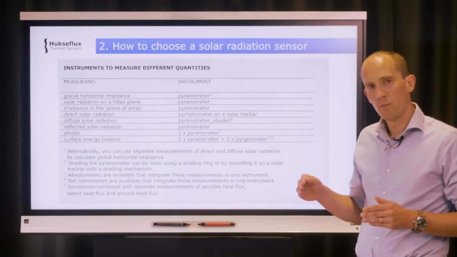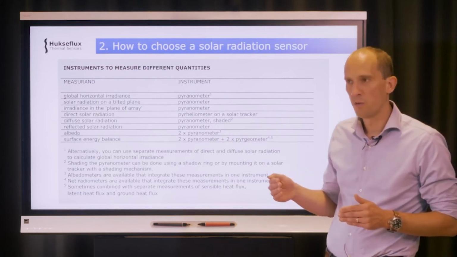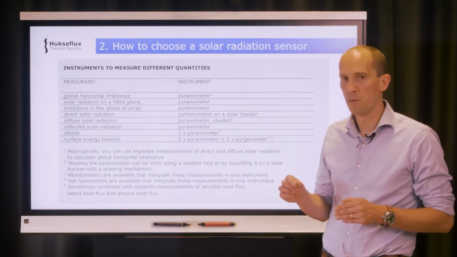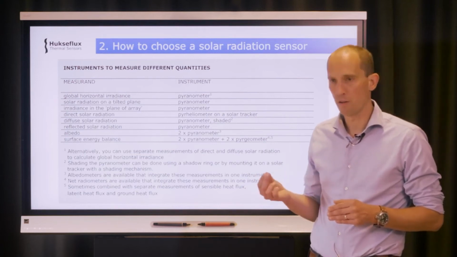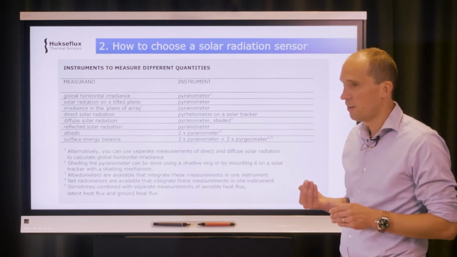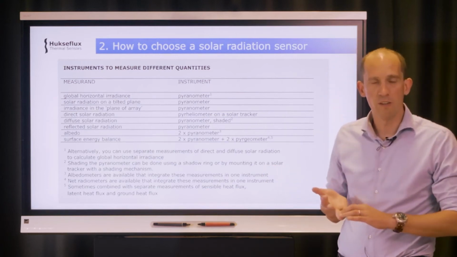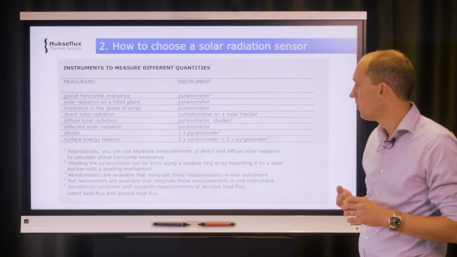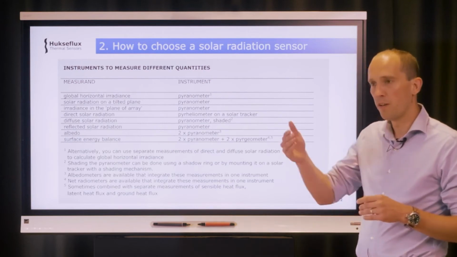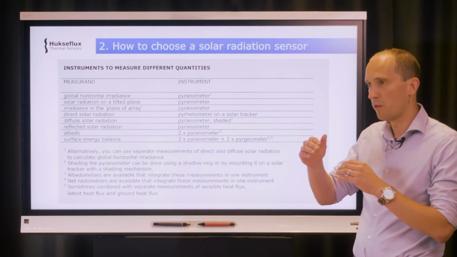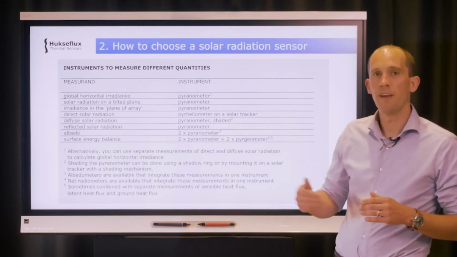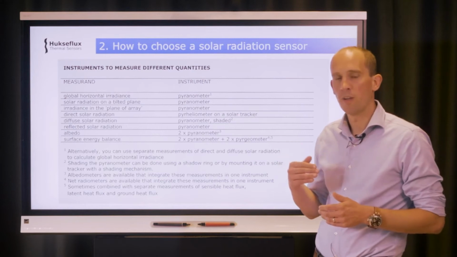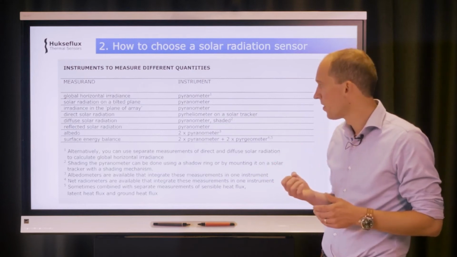But let's say you want to measure only the diffuse part. So you want to eliminate the direct part from your measurement. Now you have to take that pyranometer and shade it from direct sunlight. You can measure reflected solar radiation with a pyranometer by turning it upside down. If you have a measurement both of an instrument that measures the radiation coming in and the radiation reflected from the surface, you can calculate what's called albedo or reflectance.